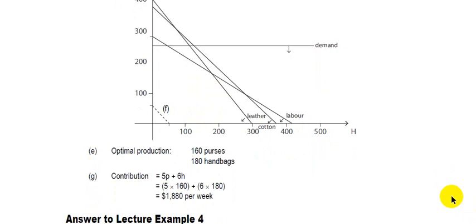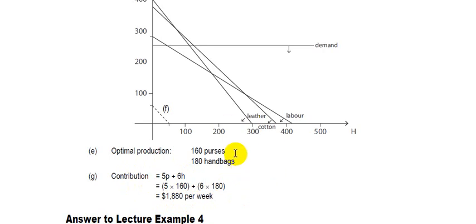You can then substitute 160 pieces times 5, 180 handbags times 6 in the objective function, and find your contribution as $1,880 per week.